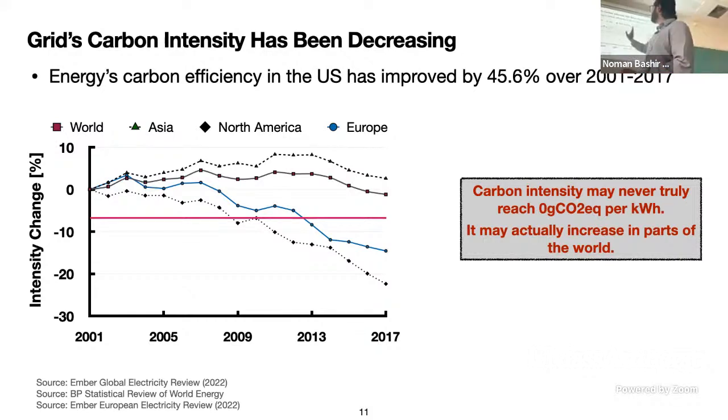The point here was that grid carbon intensity has remained constant, and you don't expect it to go down as much. So this problem of sustainability of computing is not going to solve itself. We have to do something about it.